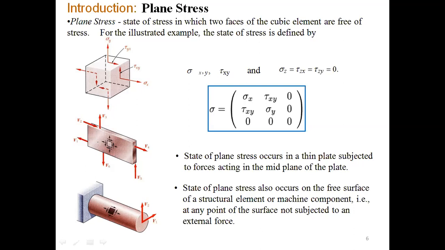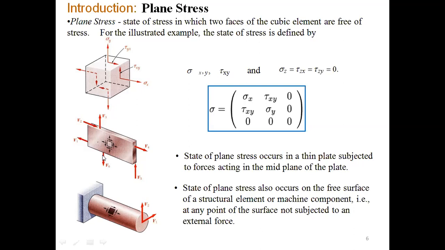A state of plane stress occurs when a thin plate is subjected to forces acting in the mid-plane of the plate. You could see that loading is along this axis, and along this axis. Along the third axis, there is no loading. So this is also an example of a plane stress, biaxial stress problem.